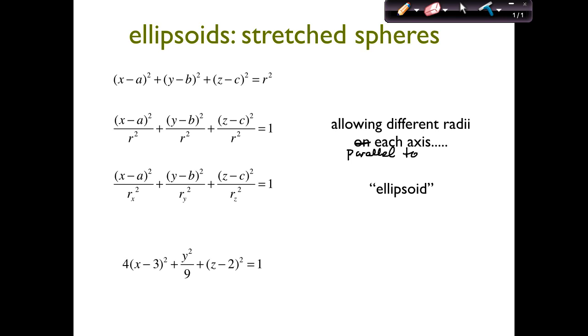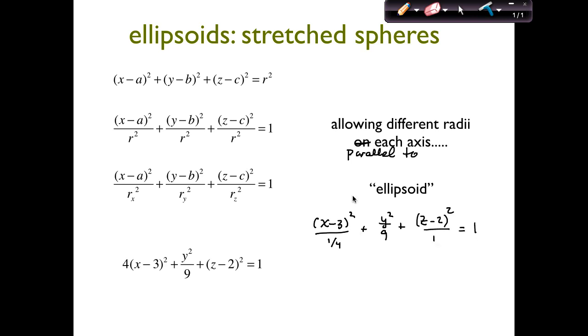Okay, so let's analyze what this is here. If we want to make this look like our equation of an ellipsoid, how does this relate to that? It's really (x minus 3) squared over 1/4, plus y squared over 9, plus (z minus 2) squared over 1 squared.